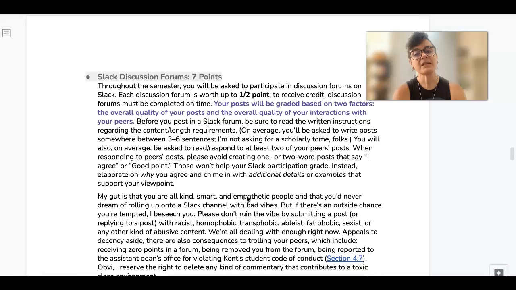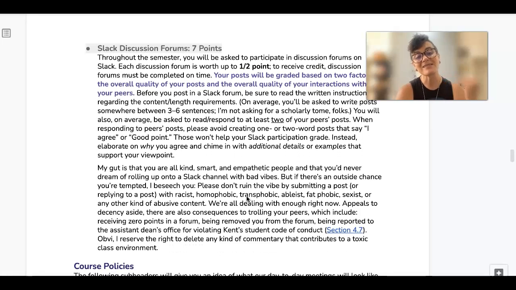And then there are going to be some discussion forums, and they're going to be on Slack. The reason is that it's just way more fun to interact on Slack. Also, I've built in a social feature on Slack, so our space can have a little bit of personality, because let's face it, Canvas is a little dry.